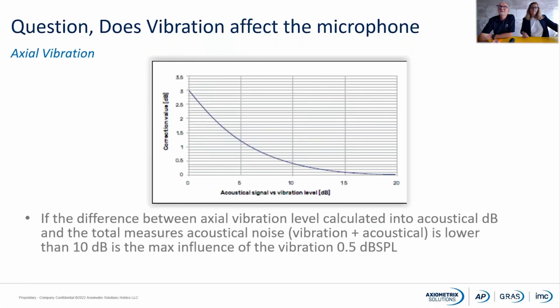So this is something you can calculate: if you know the vibration level, then you can calculate how much it will be in acoustical dBs. We do also, for this part, have a technical note, which can be found on our website.